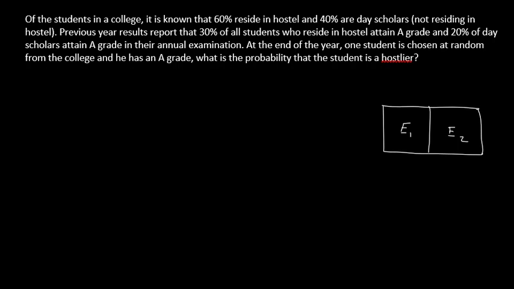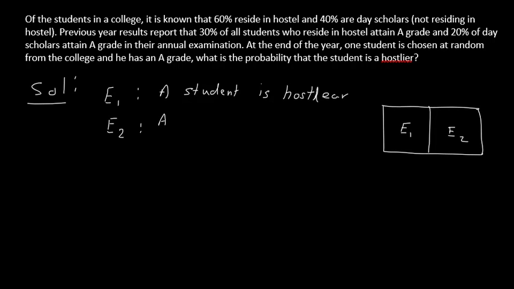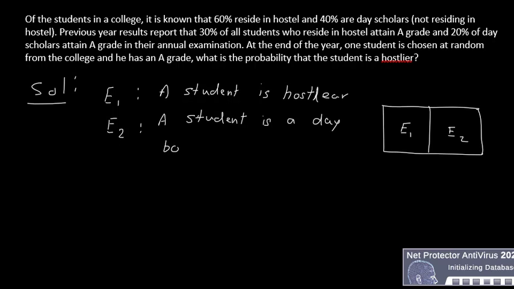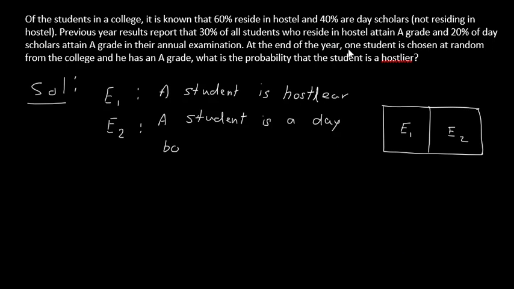So I will say that in the solution, E1 is the event that a student is a hostelier, and E2, a student is a day scholar.